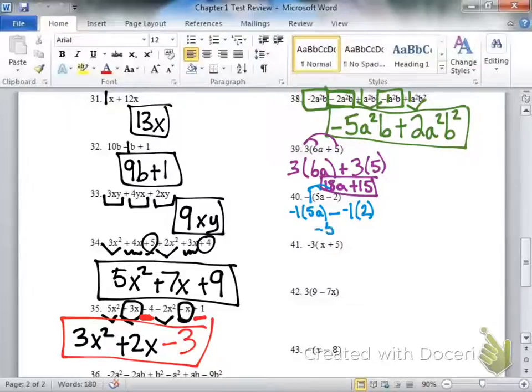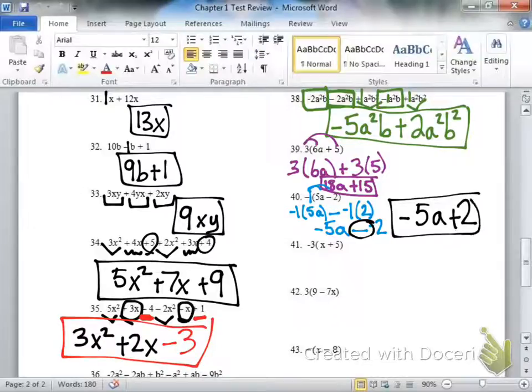This is a negative 5a minus, what is negative 1 times 2? Negative 2. And then I have a minus negative. What's a minus negative? So this is negative 5a plus 2. Now, some people prefer to clean up the signs as they go. If you don't want to write this middle step, that's your business, but that's the way I do it, just so in my head I can keep them straight.